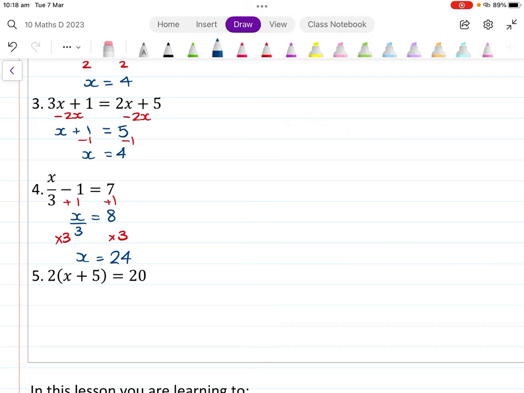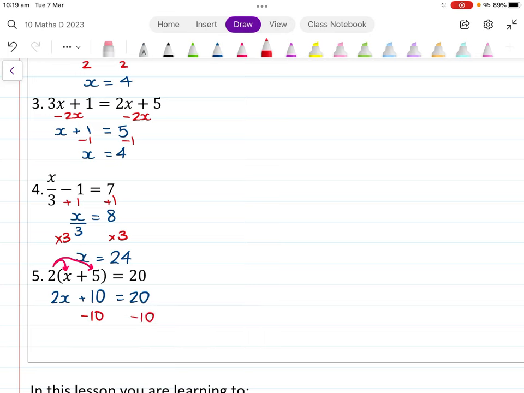Finally, example 5 is equations with brackets or grouping symbols. Our first step is to expand our bracket or grouping symbol by multiplying the number on the outside to both terms on the inside. So this means we want to go 2 times x is 2x plus 2 times 5 is 10 equals 20. We then want to minus the 10 from both sides.